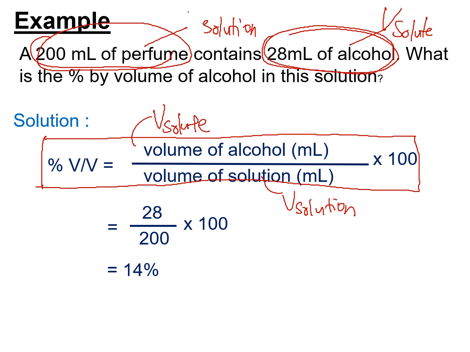Makanya, volume of solution, volume of perfume ni adalah volume of solution. Okay, which is 200 ml. Jadi, after that, you masukkan sahaja apa yang you dah dapat, extract the info from the question. So, volume of solute is 28. Bagikan dengan volume of solution which is 200 times with 100 and you will get the percentage by volume of this perfume is 14%.